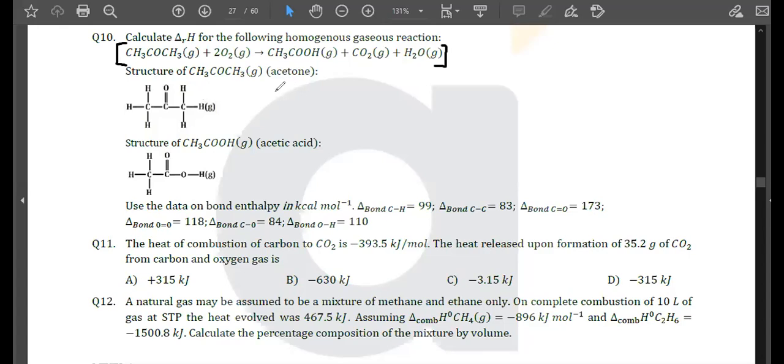So can I say that in order to form this molecule, 6 CH bonds, just think about this. 6 CH bonds plus 2 CC bonds. Just write like this. 2 CC bonds.